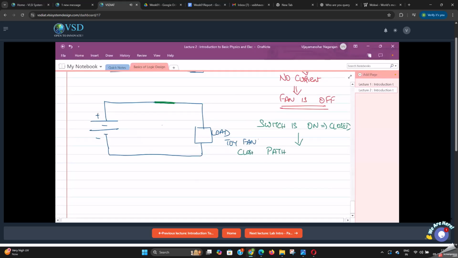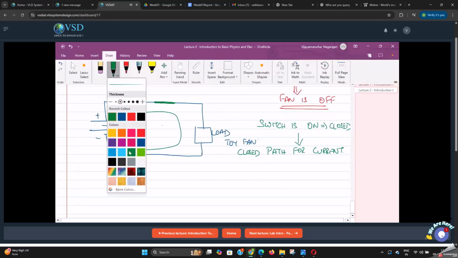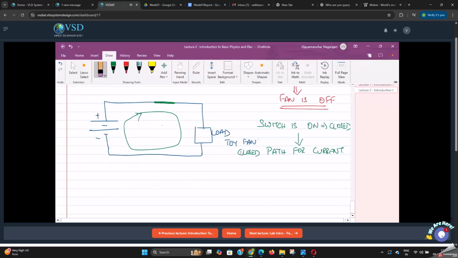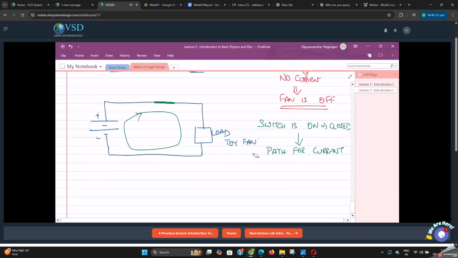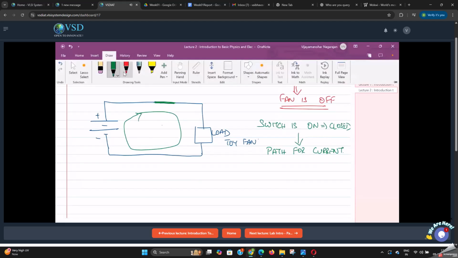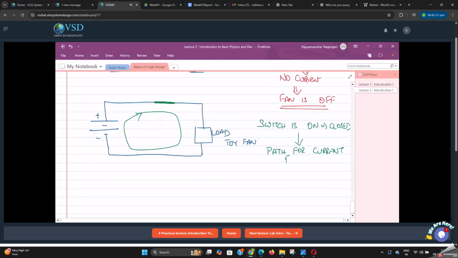Closed path for current. Closed means having a closed path. Or rather, if this word closed is confusing, I will say path for current flow. So the current flows like this, correct? Because the current flows, what will happen? Fan rotates. That is, fan is on.